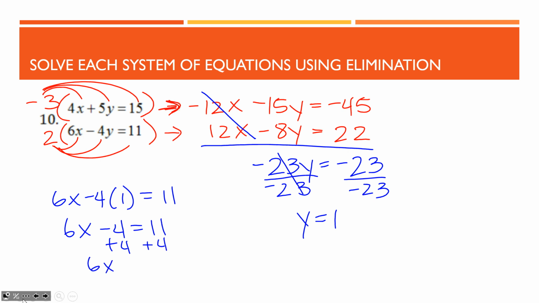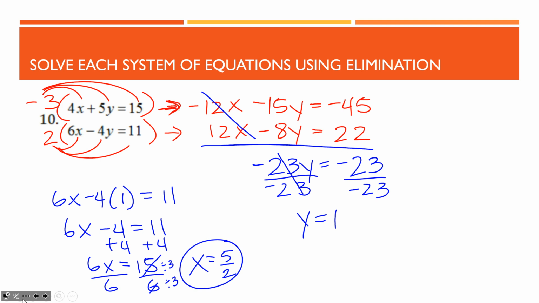So I have 6x equals 15. Divide by 6, divide by 6. X is equal to, 15 over 6 doesn't go in evenly, but I can reduce it. If I divide each of these by 3, I can get 5 over 2. So my solution is 5 over 2, comma, 1.